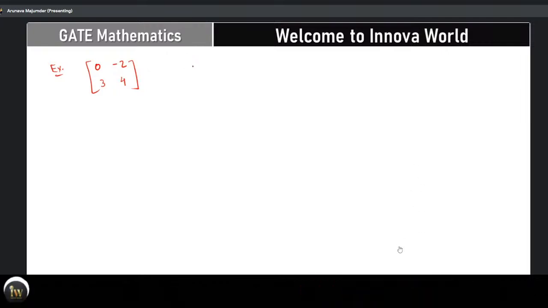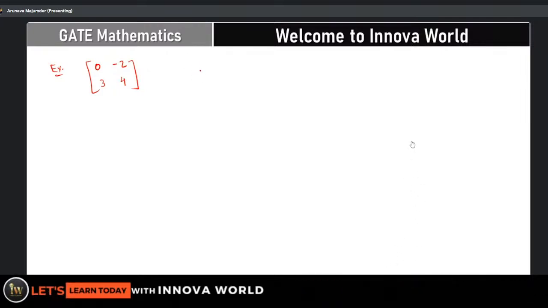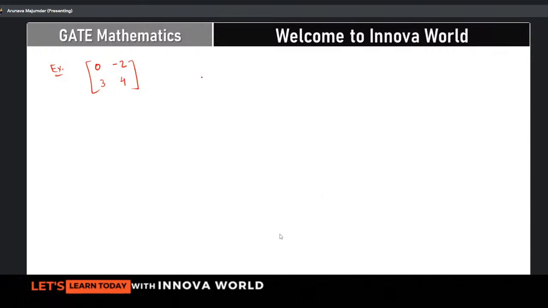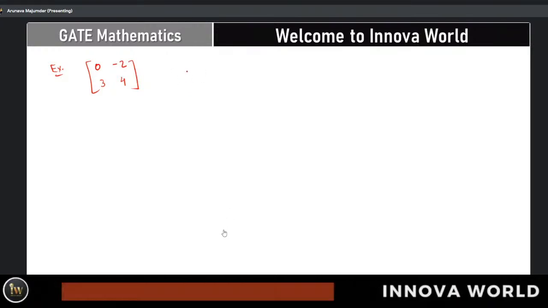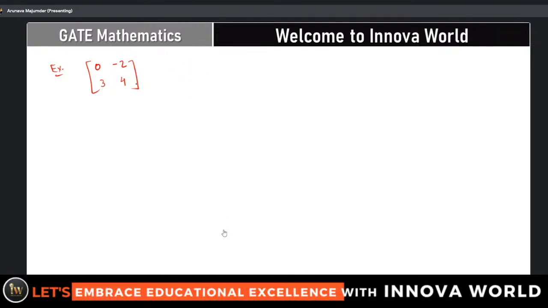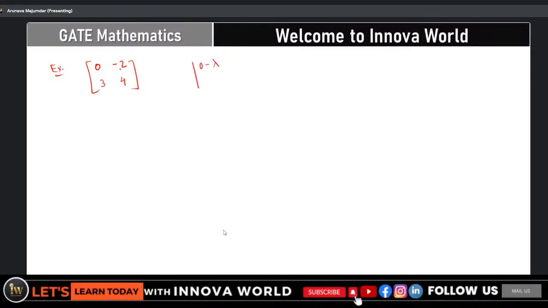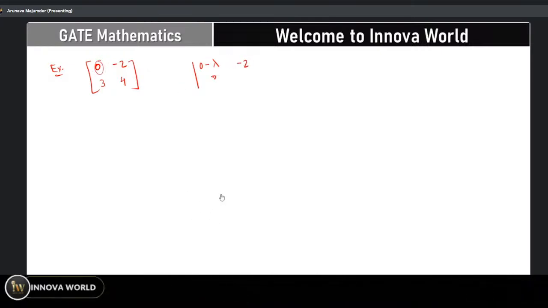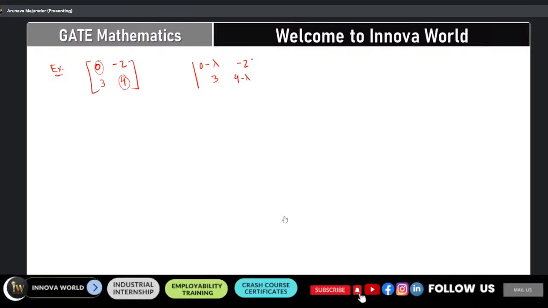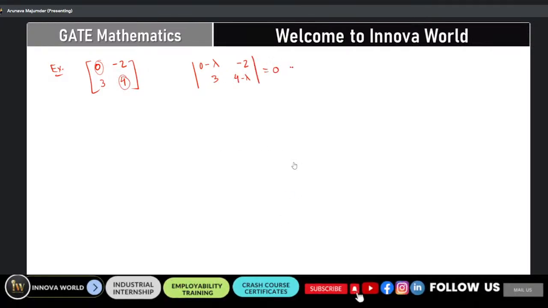First we need to find the eigenvalues, because I already told you, to find the eigenvector we need to find the eigenvalue first. So how to find the eigenvalue? We need to use the characteristic equation. It will be 0 minus lambda, because the first diagonal element is 0, then minus 2, then 3, and the last element 4 minus lambda, equal to 0.